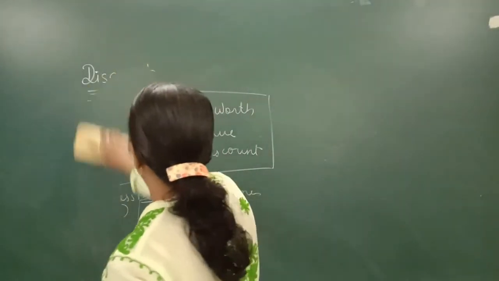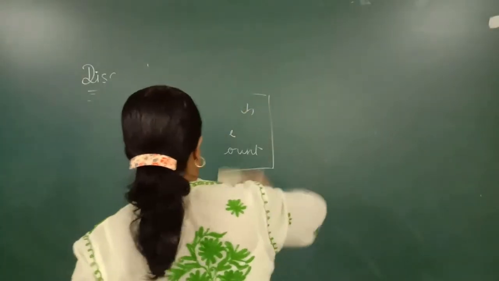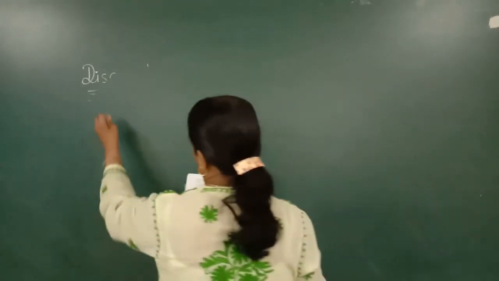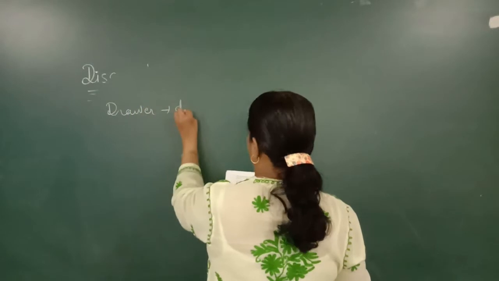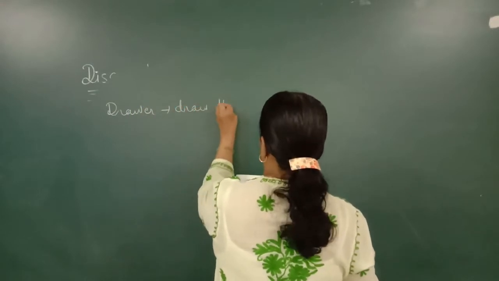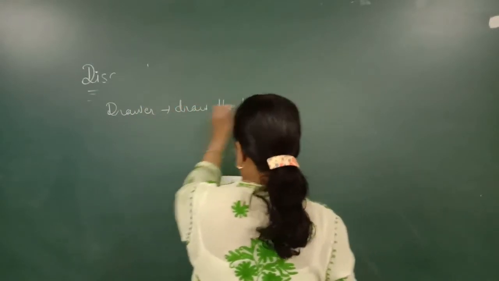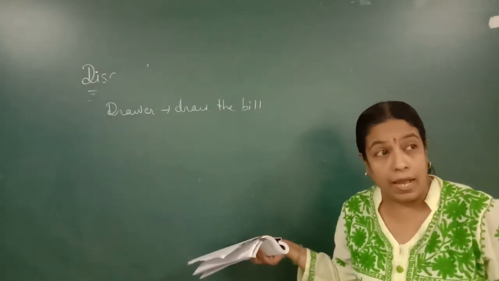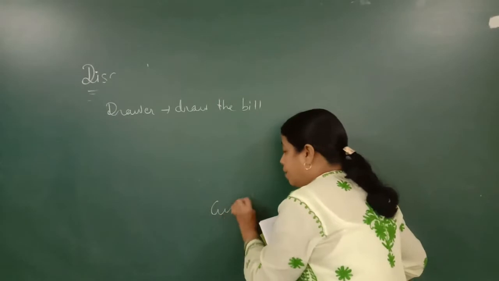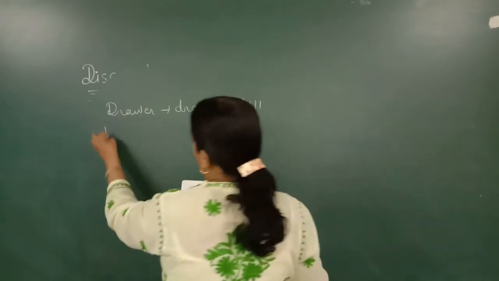So the next concept is drawer. Okay. So the drawer will draw the bill. Next, the businessman, in whose name will he draw the bill? That will be the customer. So this will be the drawee.